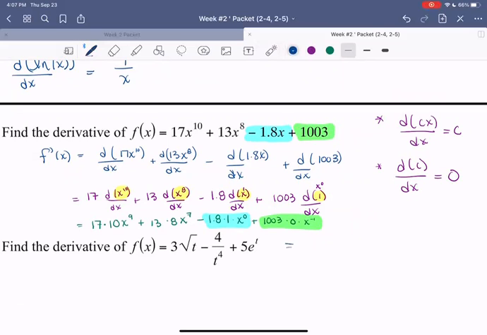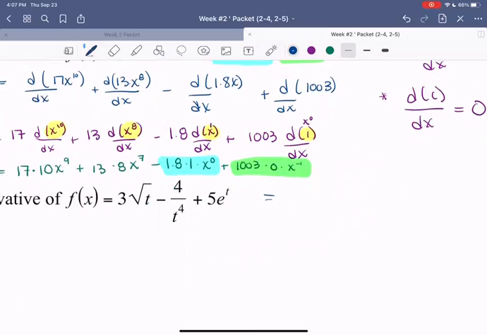So gathering up all of our information here, the derivative becomes 170 x to the 9, plus 13 times 8, whatever that is. We can consult our calculator if we want, or do it longhand, or I can pause the recording and compute it for us.